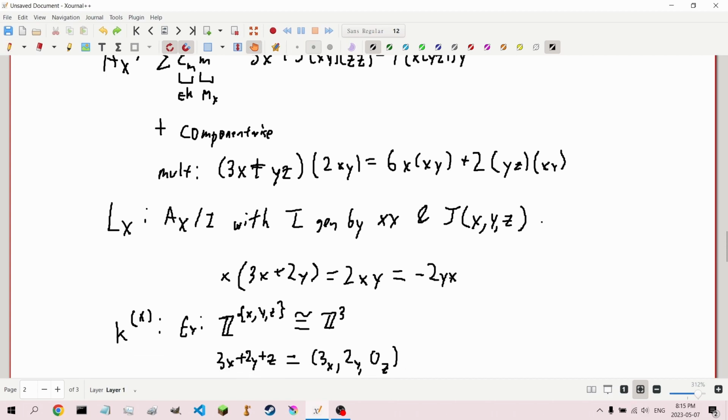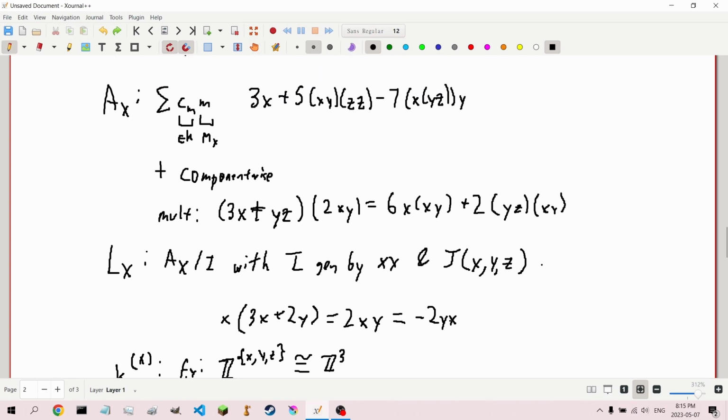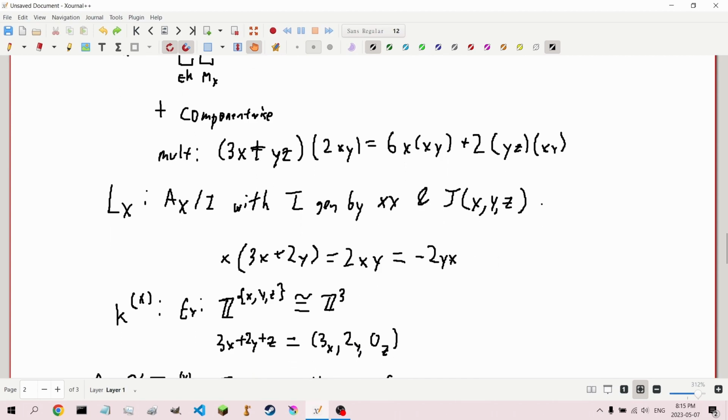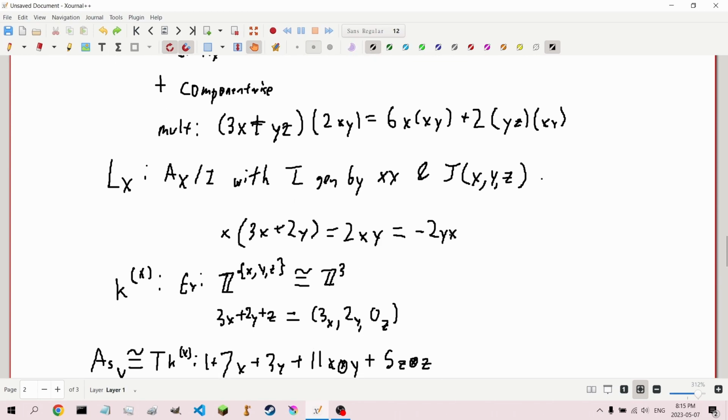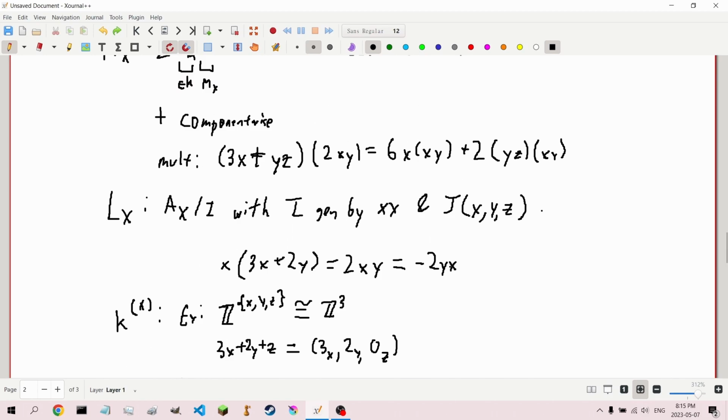The difference between Ax, so hang on, in Lx we still have elements of the form like 5x yz is an important example, or like 3xy yz is probably a good example.